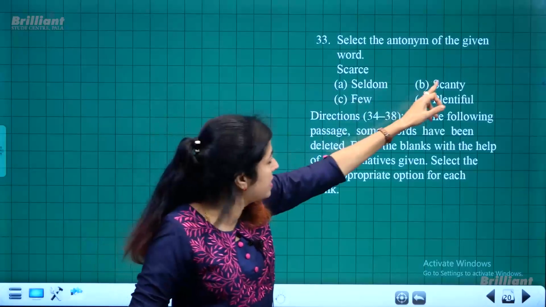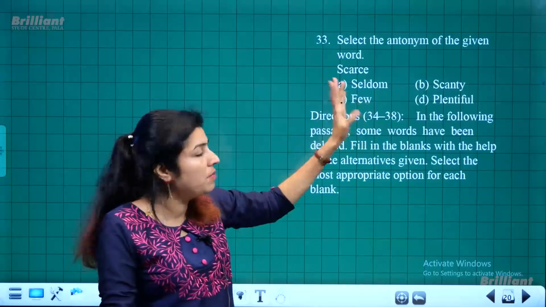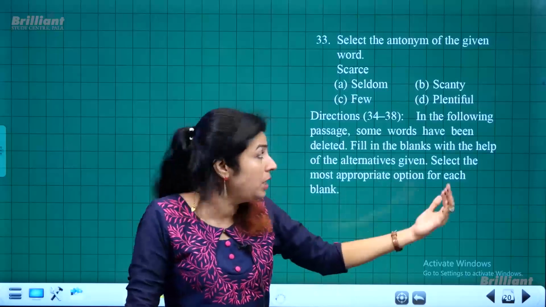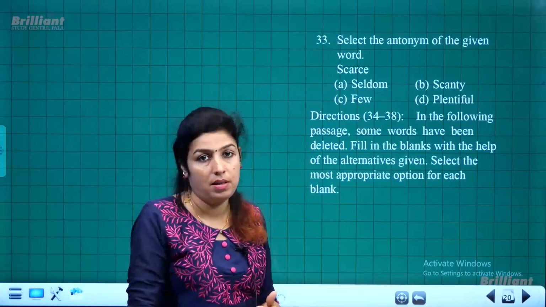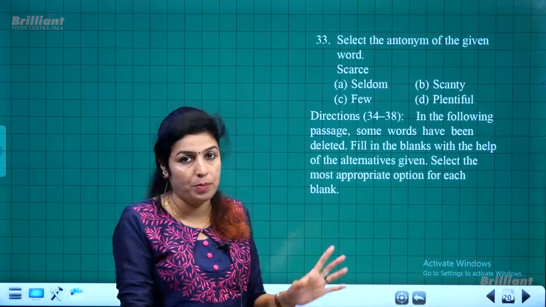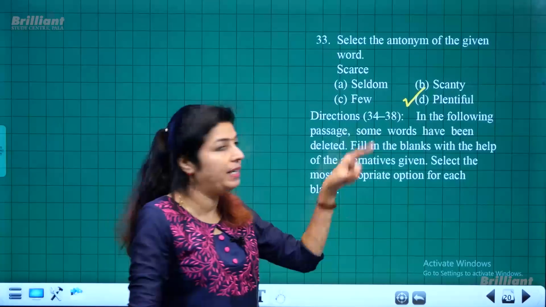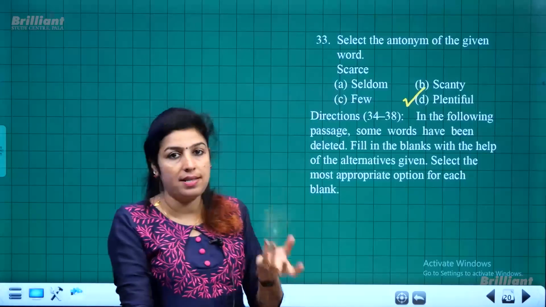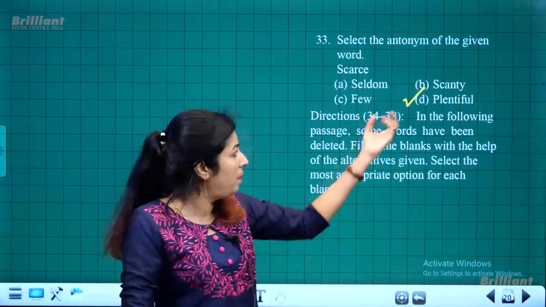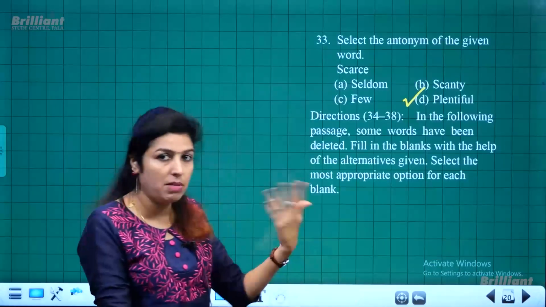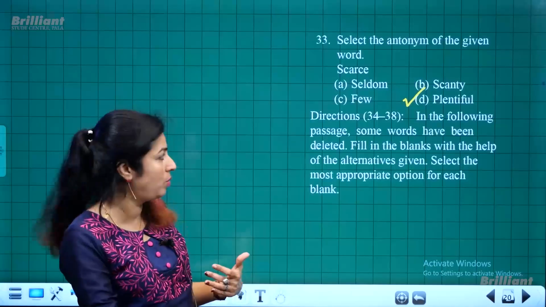Actually like scanty, few, seldom, these could be taken as the synonyms for scarce, not antonyms, not opposites. And only one is given as antonym, and that is plentiful. Scarce means very less in amount, very little, and plentiful means just the opposite, large in amount, much or enough, more than enough in amount.